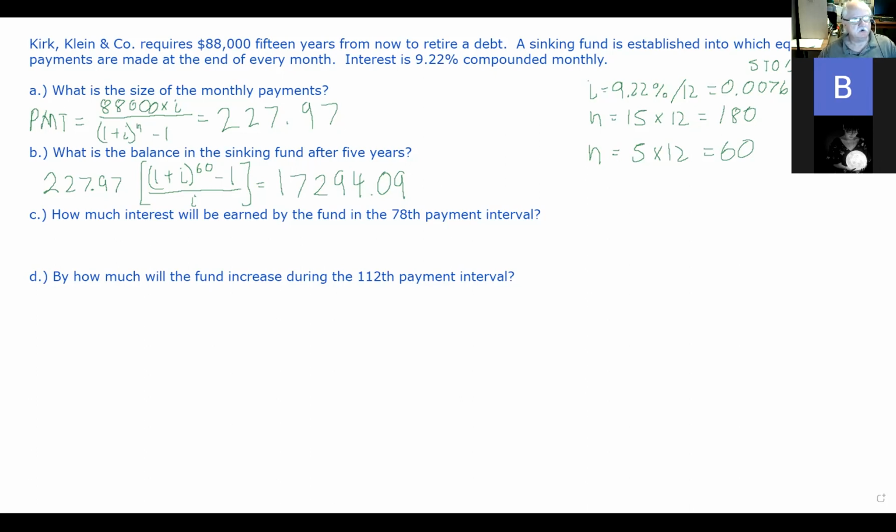We need to take our payment, which we've figured out is 227.97 times 1 plus i, and we're going 77 intervals here, minus 1, all over i. So that should work.